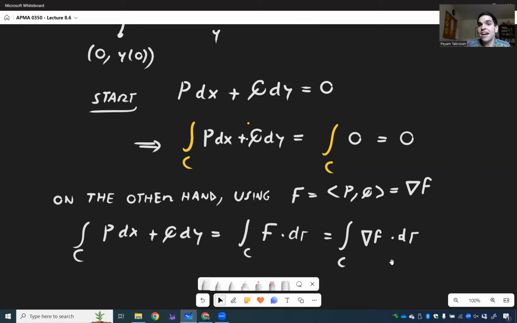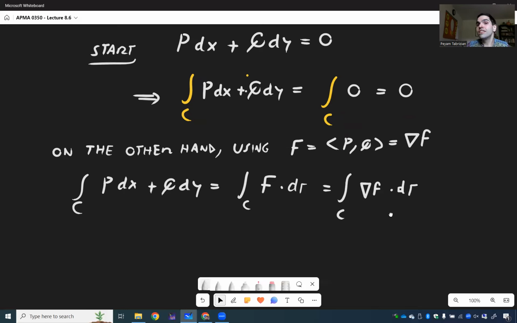And whoever says integral of derivative says fundamental theorem of calculus. So in fact, there's something called the fundamental theorem of line integrals that tells you the integral of the derivative is f at the endpoint minus f of the starting point. So think f of b minus f of a.